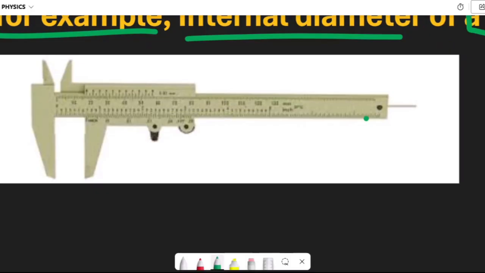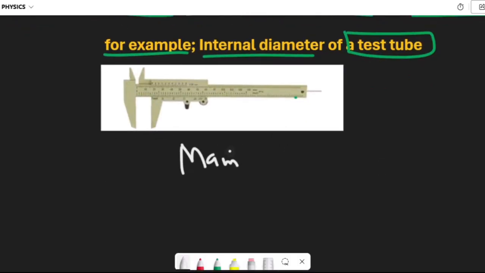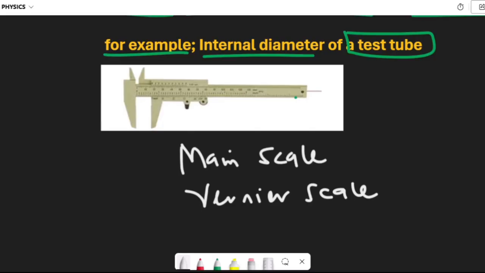In the vernier caliper, there are actually 2 kinds of scale. The very first kind of scale is called the main scale, and the other kind of scale is called the vernier scale. The main scale and the vernier scale are the 2 kinds of scale we have on the vernier caliper.